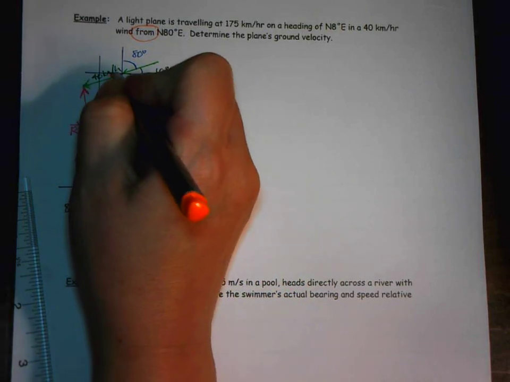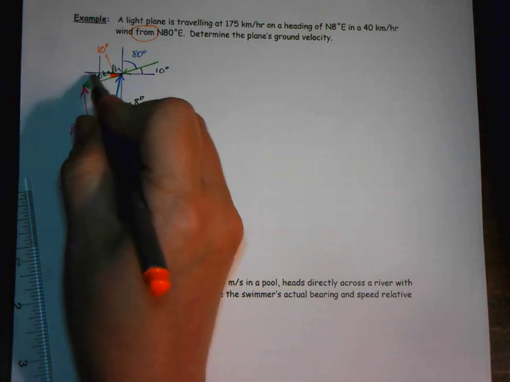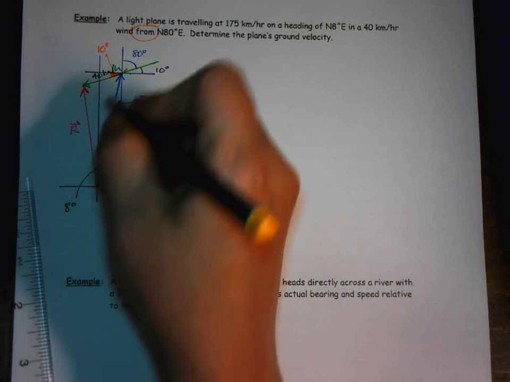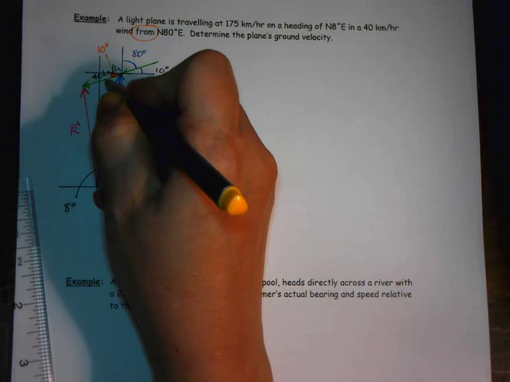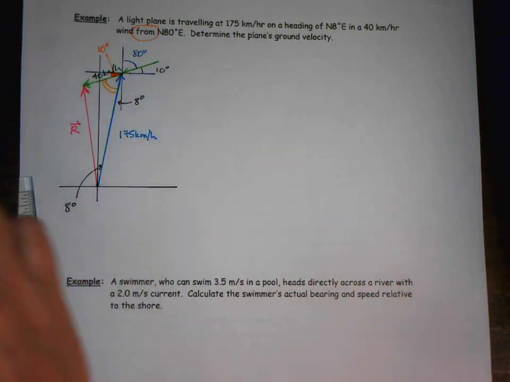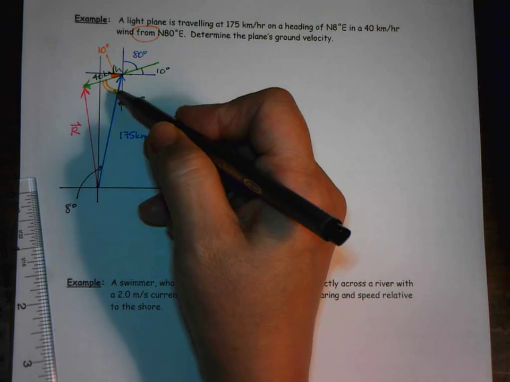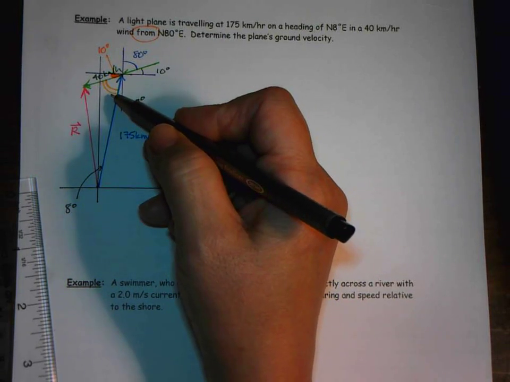I'm going to label this as 10 degrees, and that's because of your opposite angle, same as that one. And this would be the one that we're looking for, this one in here. So you could again take 90 degrees, subtract the 10 degrees, and subtract the 8 degrees to get this angle here, which is 72 degrees.